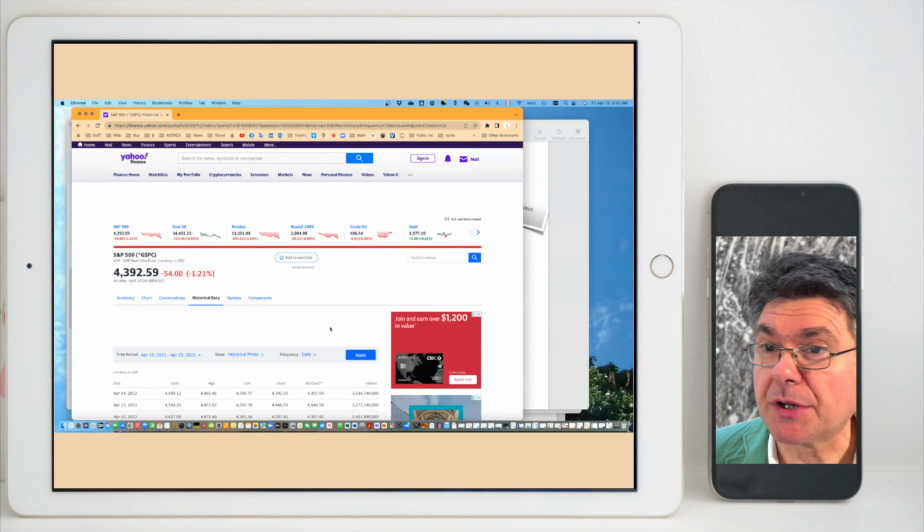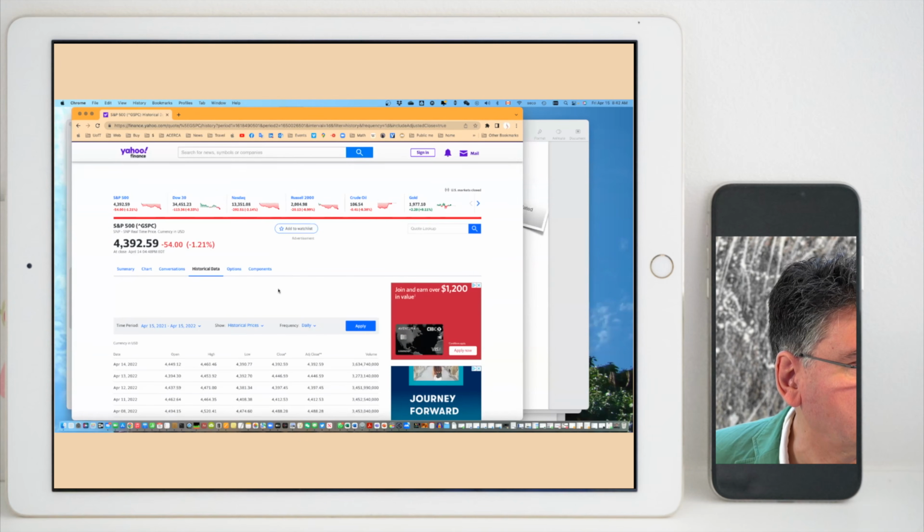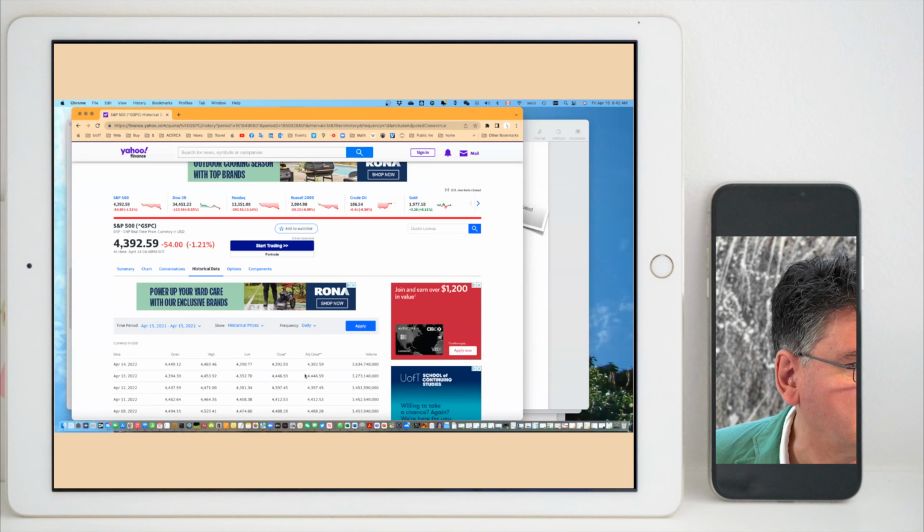For some reason, I don't get the download button here now. Should be right there.